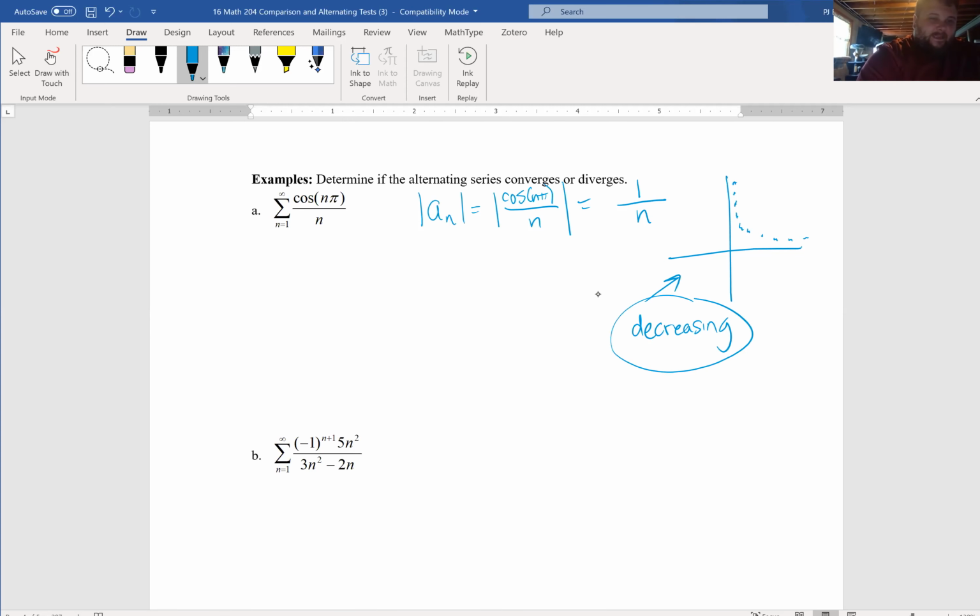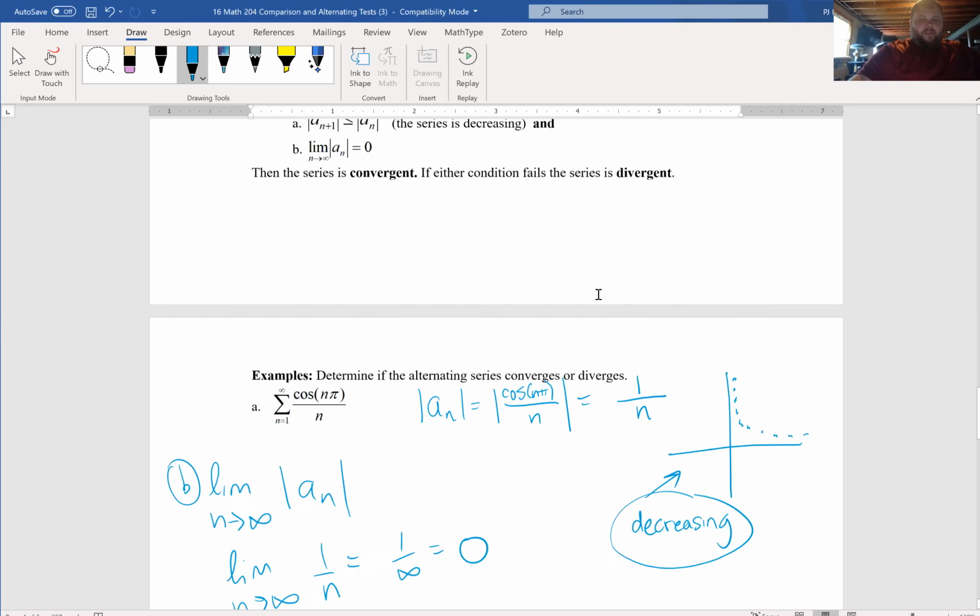To satisfy the second criteria, you need to take the limit as n approaches infinity of the absolute value of a sub n. Well, that's the limit as n approaches infinity of 1 over n. That's pretty simple. That goes to 0.